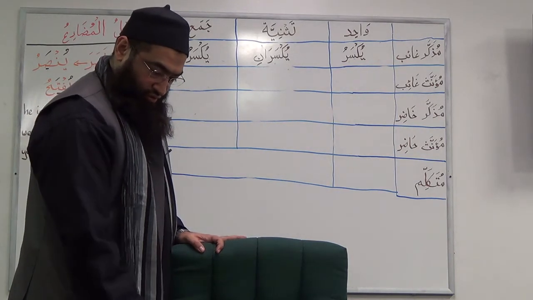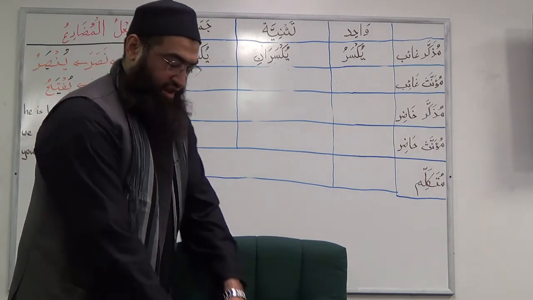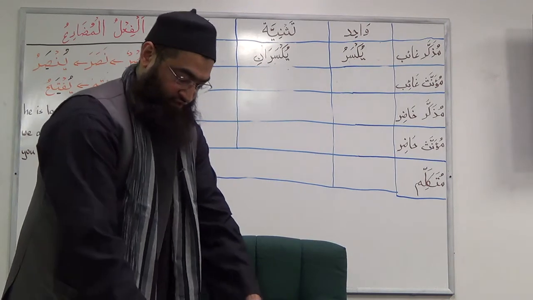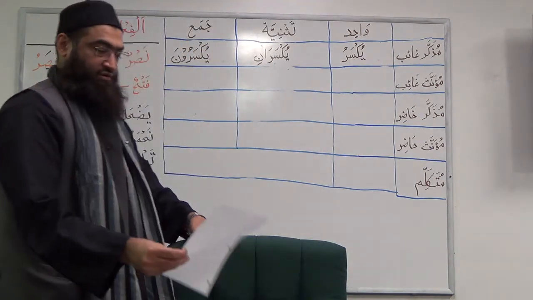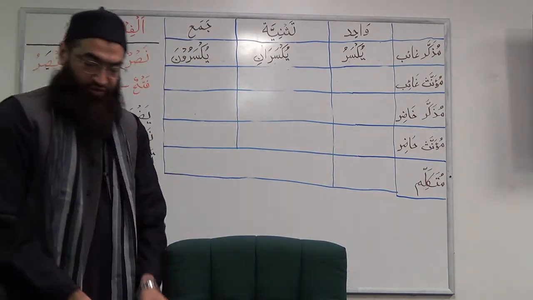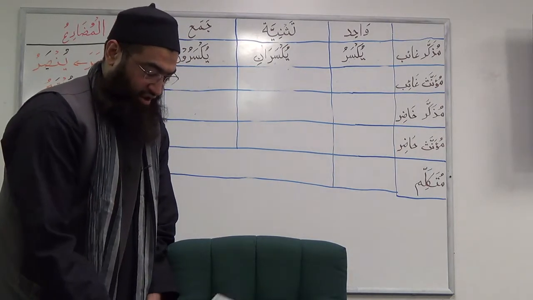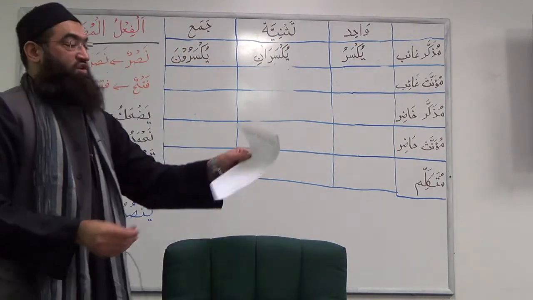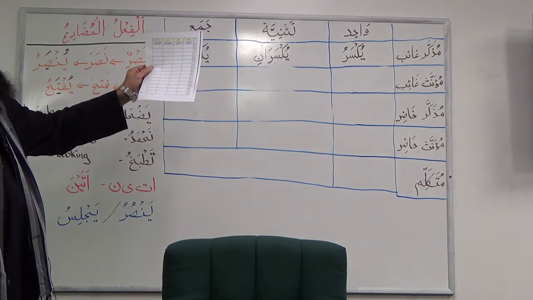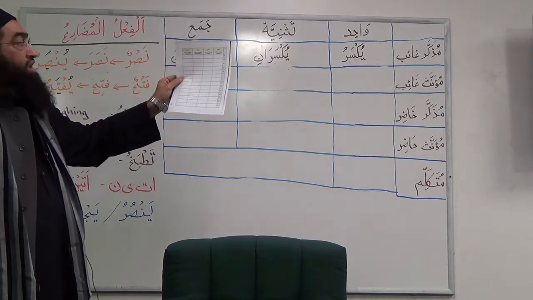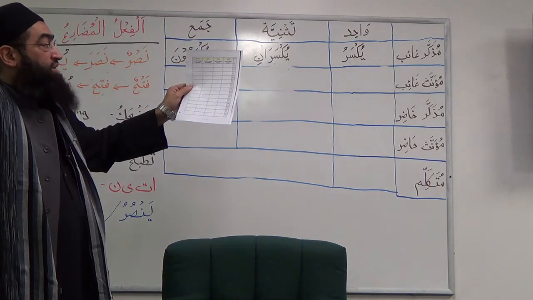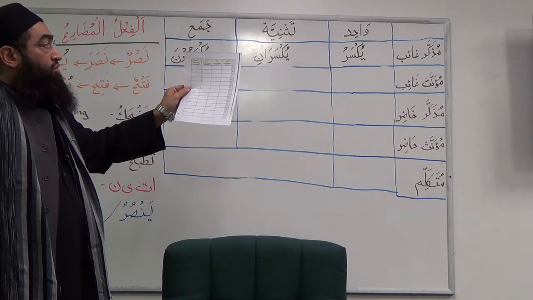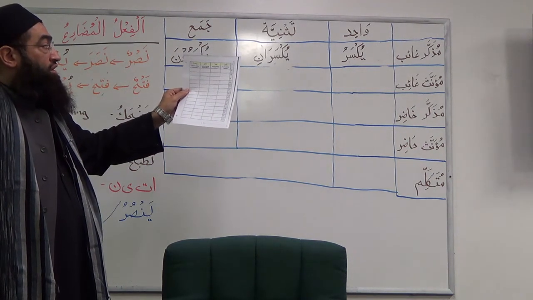I think I've given you something that has that. Okay, I've given you this page. Did I give you this page? 66, yeah. I gave you 66. So the 66 is yuftahu. He is being, or it is being opened. Yu'malu, it is being worked.